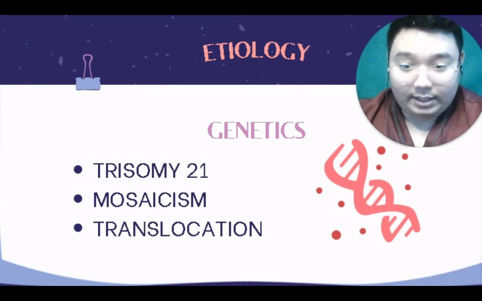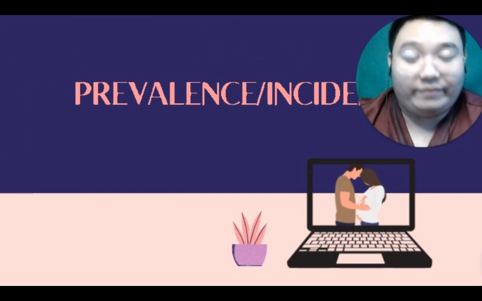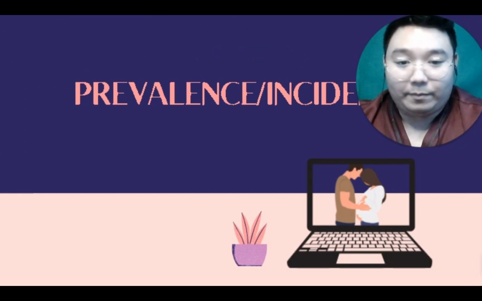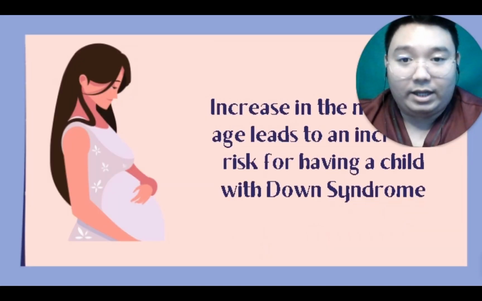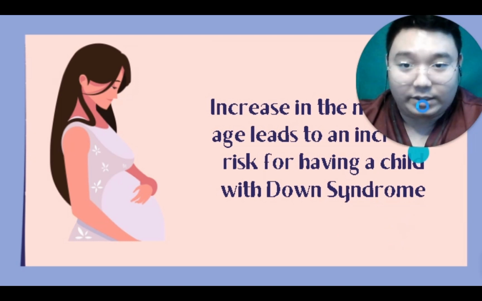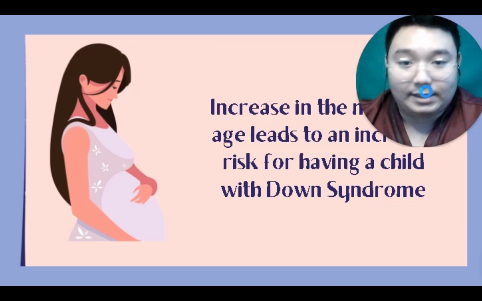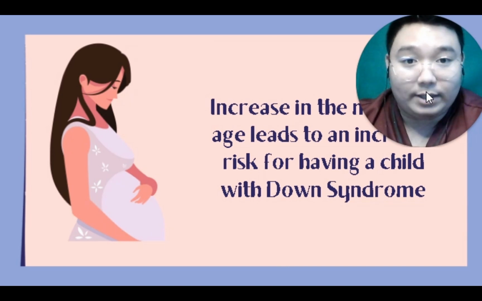The next is, let's talk about the prevalence and incidence. First, an increase in the mother's age leads to an increase in the risk of having a child with Down syndrome.